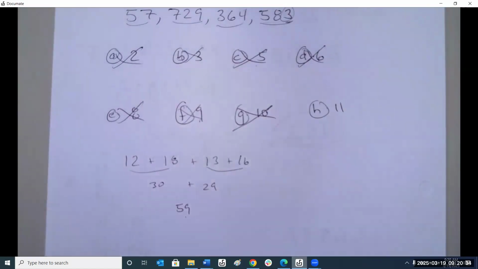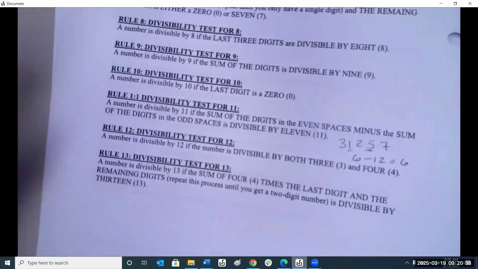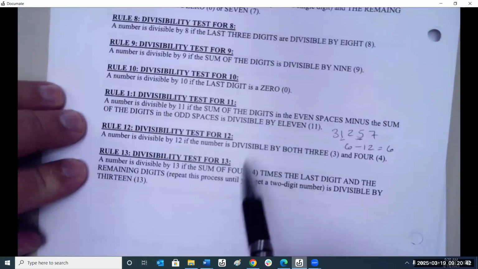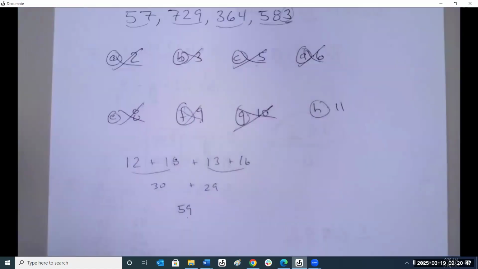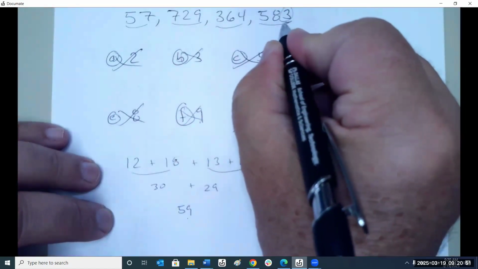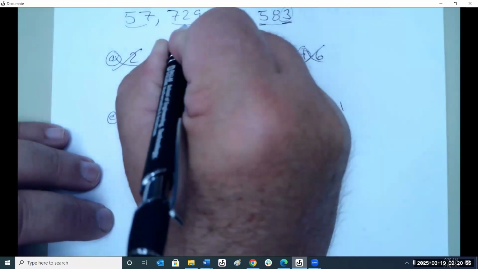What's the rule for 11? It will be even digits minus the sum of the odd digits, and if it's divisible by 11. So here we have, here's 1, 3, 5, 7, 9.